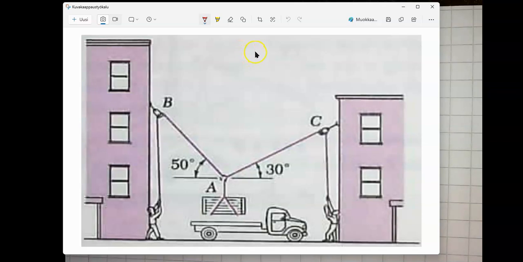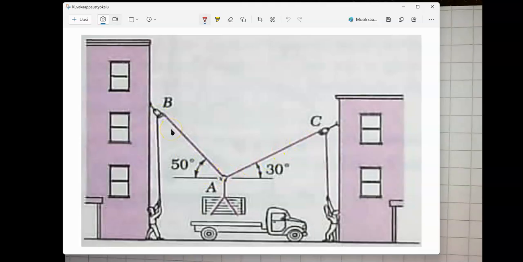There is a situation where there is a car and some crate or box which they want to take away from that car, and they use cables. There is a point A which has three forces attached to it: the weight of this box, and the forces that go along the cables AC and AB.